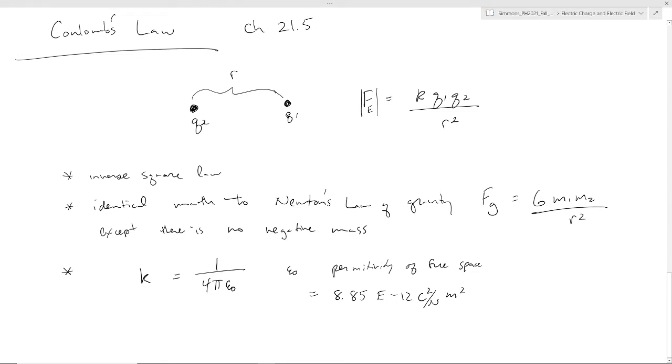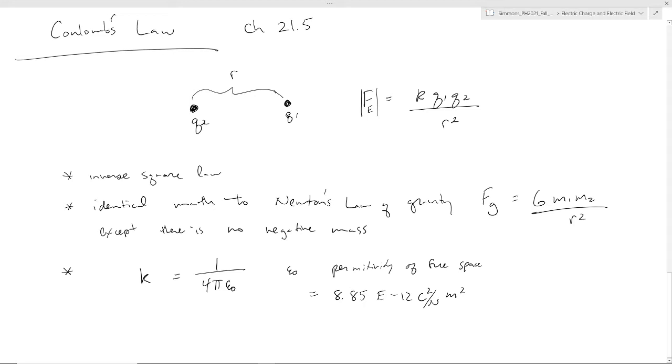That's good enough for dealing with a lot of problems, and that was often how we dealt with gravity problems. But recognize it's a little more complicated now, because since we have positive and negative charges, we have to be a little more careful about keeping track of the directions of things. So let me give you the more complete vector definition of this.